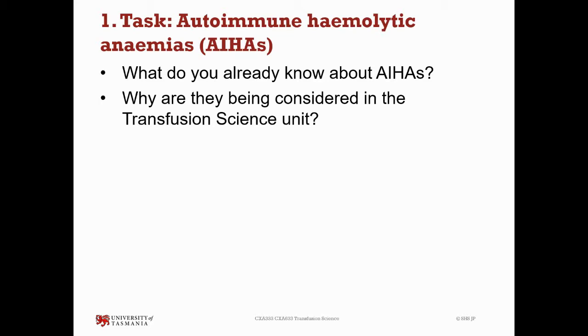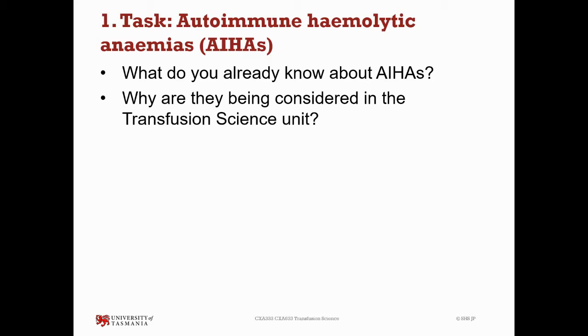Yep. So why do you think, we've already learned a little bit about them in Heme 2, why do you think we're learning about them in transfusion? Yep. So and how do we do that, Jordan?